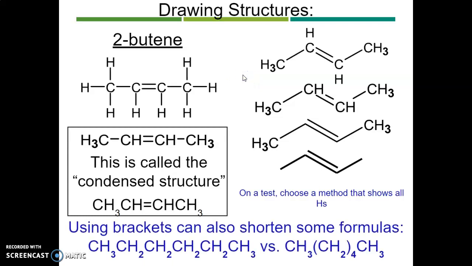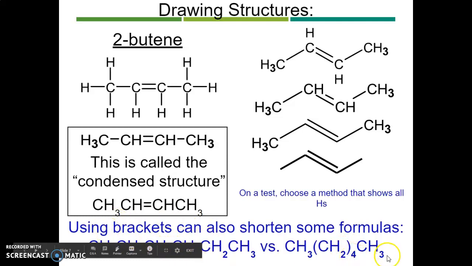All right, and there's another way that you can see these same structures, and this is just showing a shortened formula. So in this one, you have CH3, CH2, CH2, CH2, CH2, CH3. This compound formula right here is saying that if you were to expand the CH2 4 times, which is right here, 1, 2, 3, 4.